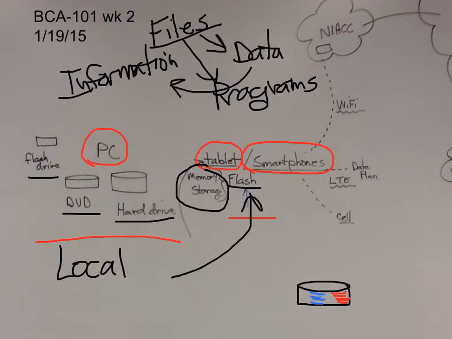A lot of times people will bring a piece of data into memory. You'll double click on a file. It will find the software it needs to use and bring that into memory. We'll talk more about this later. And then it takes that information and works with the processor to actually execute the program.